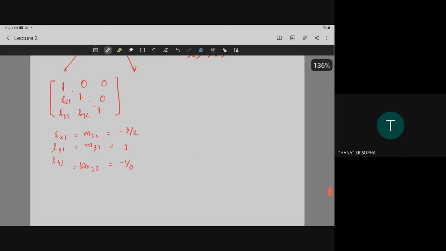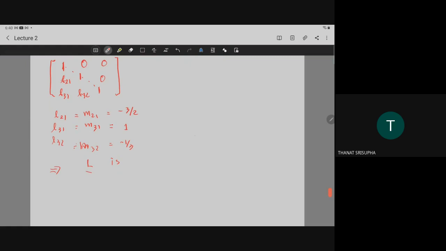Okay, so let me write down here. Matrix L is constructed from Gaussian elimination.